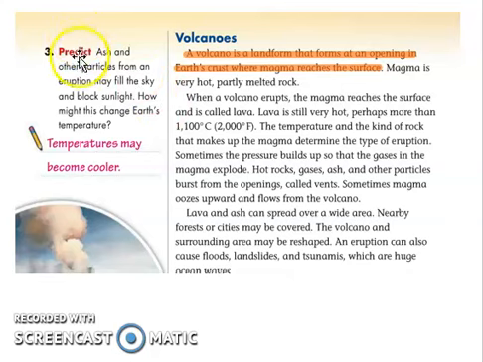Okay, in number 3, let's predict. Ash and other particles from an eruption may fill the sky and block the sunlight. How might this change Earth's temperature? Maybe you haven't seen a volcanic eruption before, but in my country, the Philippines, we have a lot of volcanoes. And one of the volcanoes, Taal in Batangas, erupted last year.